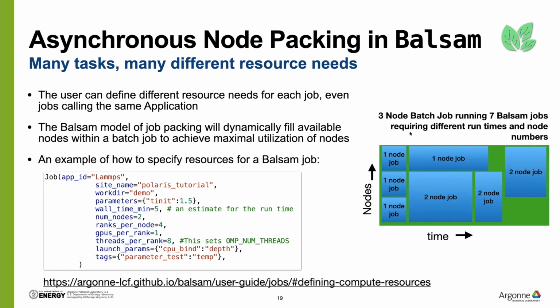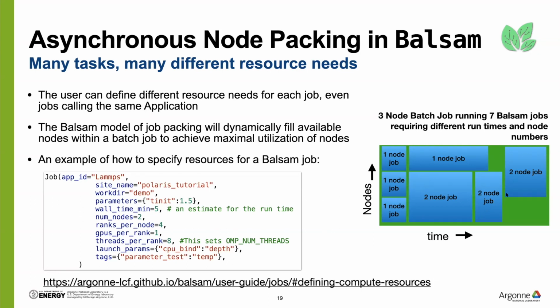And what Balsam will do is it will pull from the database, and if this is nodes and this is time, it will start out running these 1 node jobs, and those may be run very quickly, they complete, and then as nodes free up, it will start filling in jobs that are available to run. So then maybe we'll start a 1 node and a 2 node job. When this 2 node one finishes, maybe it starts a new 2 node job, et cetera, et cetera.